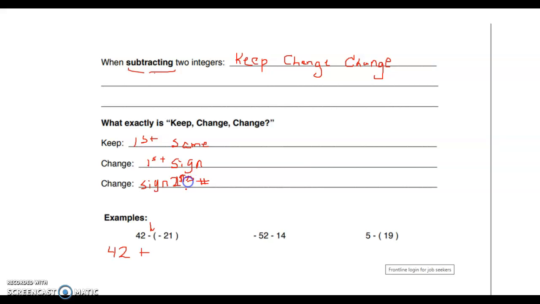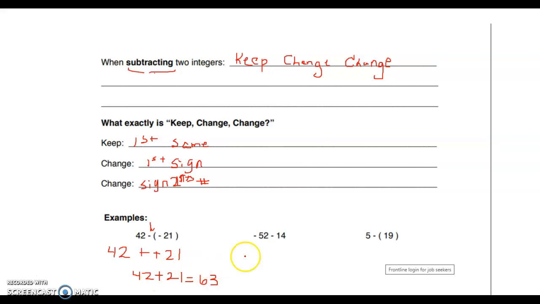So we're going to change the sign of the second number. So I'm going to change this negative 21 to a positive 21. And if I look at this, keep, change, that's really just 42 plus 21. And if I add those together, I would end up with a 63.